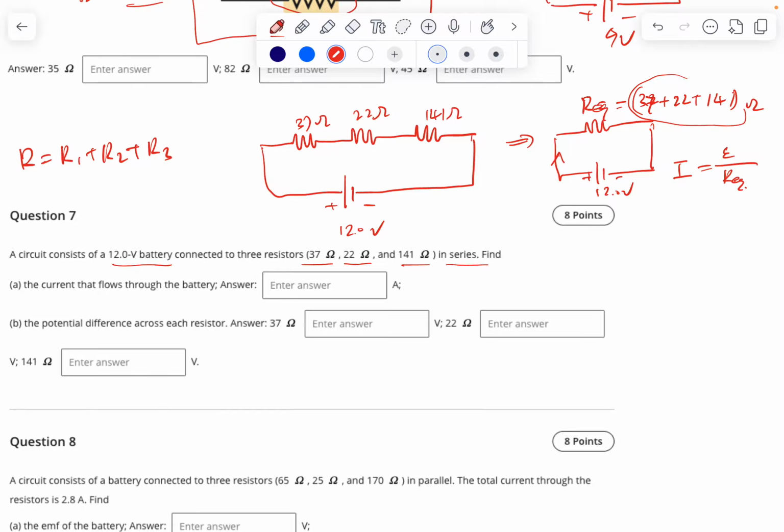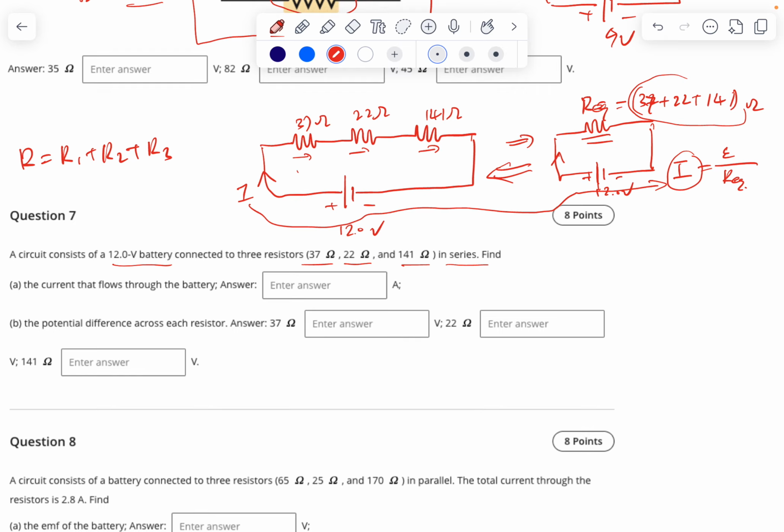This current is the current passing through the battery and also through this equivalent resistance. After that, you can go back and find the potential difference across each resistor. You can tell the current here is the same, and this same amount of current flows through this resistor and this resistor.